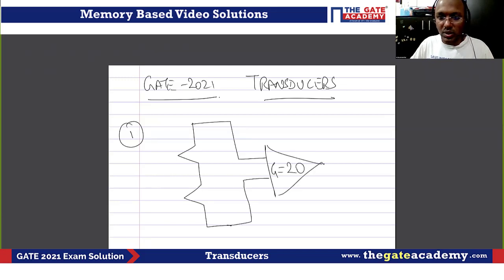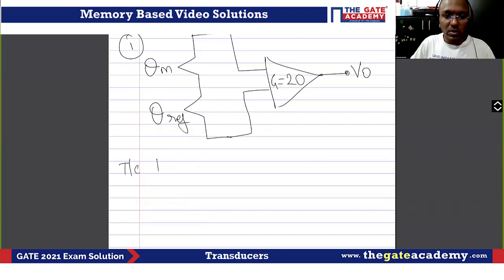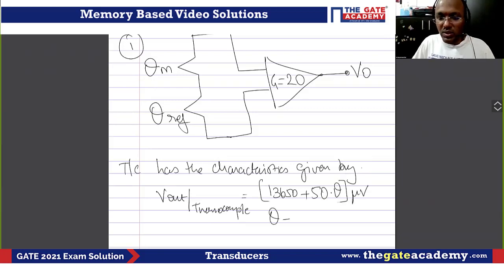Gain is 20, V naught, theta m, theta ref. A thermocouple has the characteristics given by V out of thermocouple equals 13650 plus 50 theta microvolts, where theta is temperature in degree centigrade.